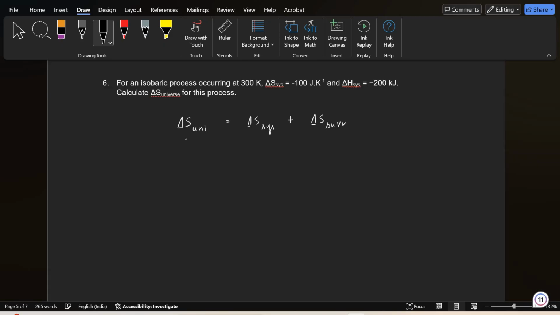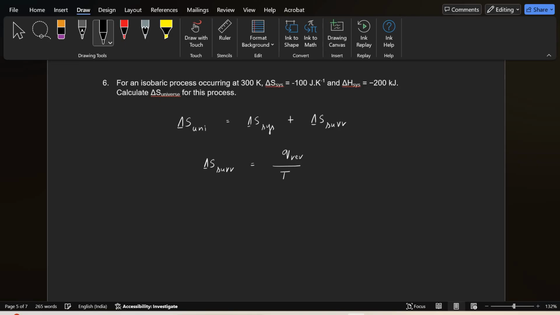Now delta S system is already given, so we don't have to worry about that. We need to calculate delta S surrounding. So what is it going to be? It is the heat change of the surrounding, how much heat the surrounding is getting, dq reversible by T.